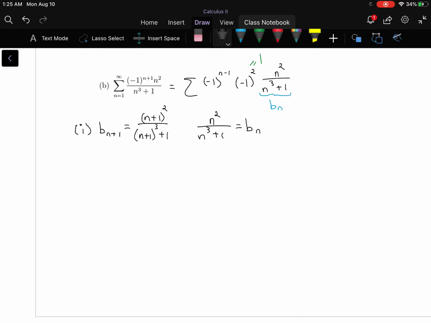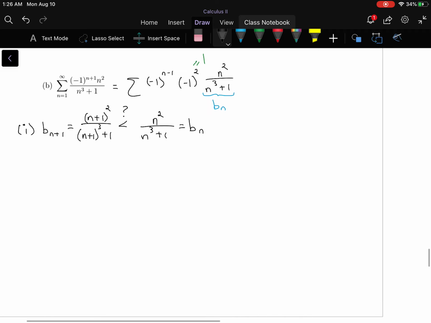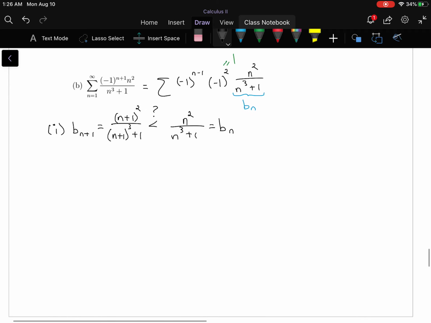In this case, it's a bit difficult to tell whether the series is decreasing or not, and it's hard to detect that, at least from trying to use the same approach that we did initially. So I am going to change tactics, and I am going to let f of x be x squared over x cubed plus 1.